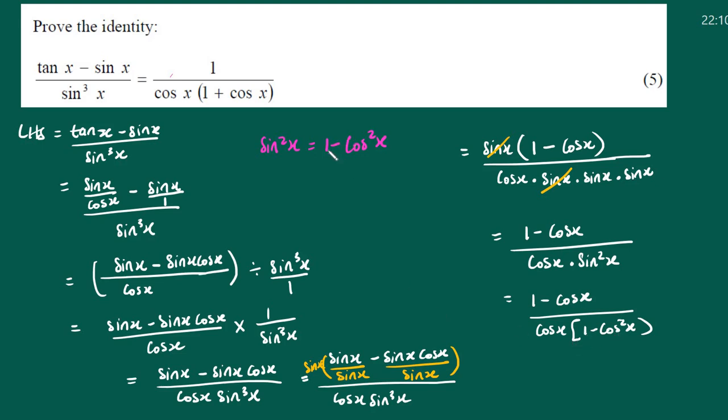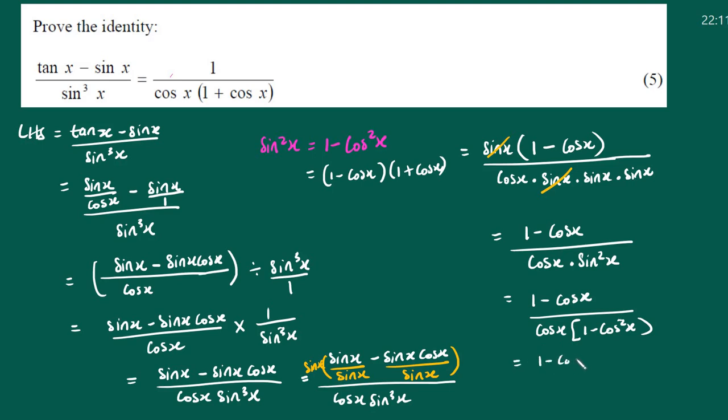Because 1 minus cos squared x will always be a difference of 2 squares. You understand me? Because 1 is a square number, cos squared x is also a square number. So it can actually be written as 1 minus cos x, 1 plus cos x. Isn't it?